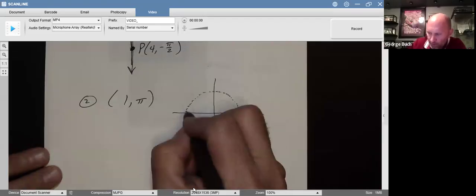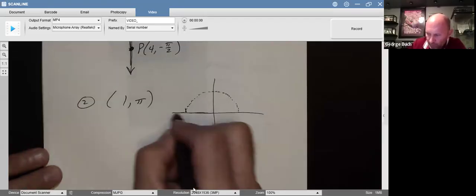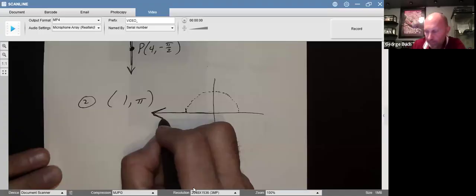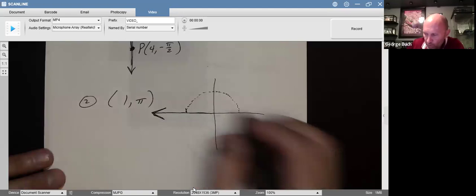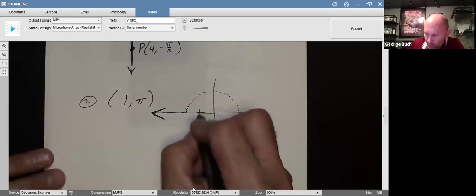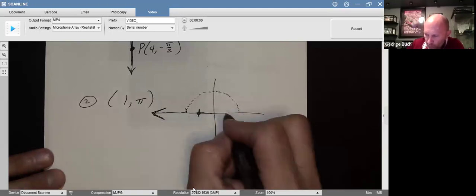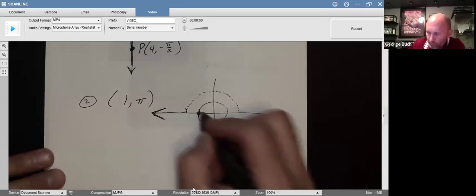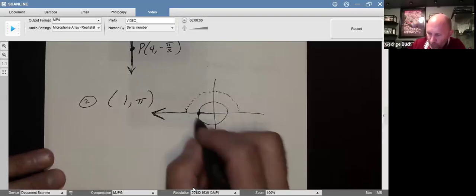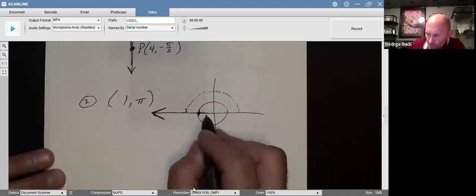So over here on this axis, this is the direction my theta is pointing. And because r is positive, I move towards theta 1 unit, which would be right here. So if I had a bunch of circles, this would be the first circle, the first intersection of this circle with pi. So this is 1, pi.